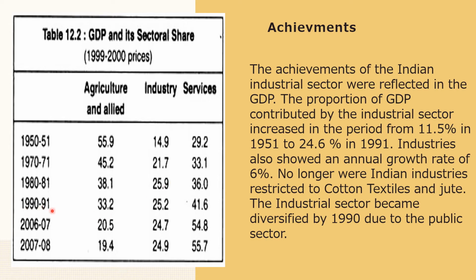Then in 1990-91, the share of the agriculture and allied services in the GDP was 33.2%, the share of industries was 25.2%, and the share of services increased to 41.6%. So you see, on account of the diversification of industries, which is having many types of industries under the public sector, helped the industrial sector to grow.